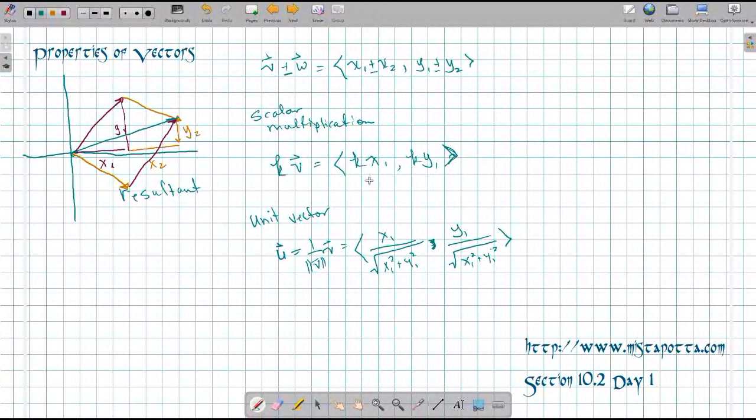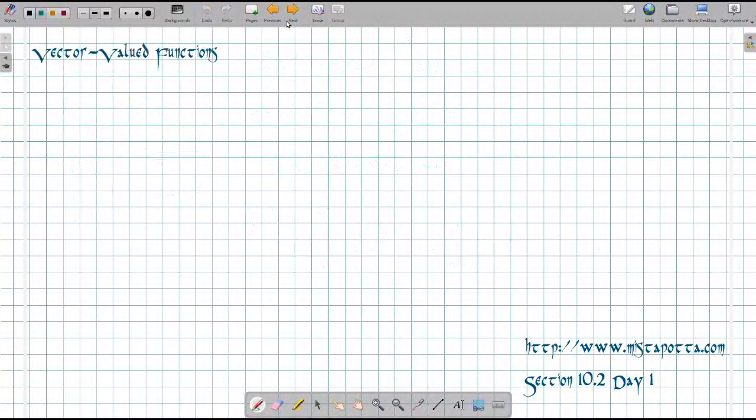Because this is a calculus course, and calculus is really dependent on functions, I need to introduce the concept of vector-valued functions. In other words, vectors that are dependent on a particular value. So I could talk about position vectors.